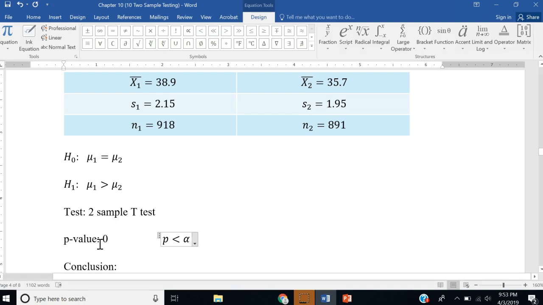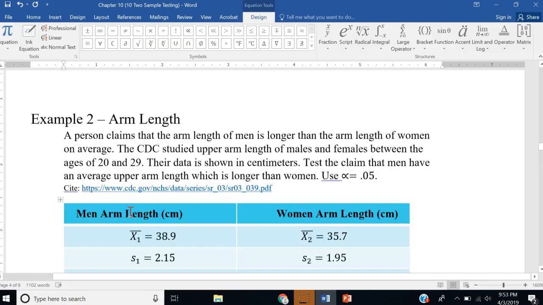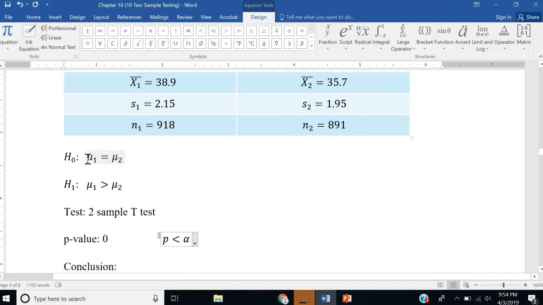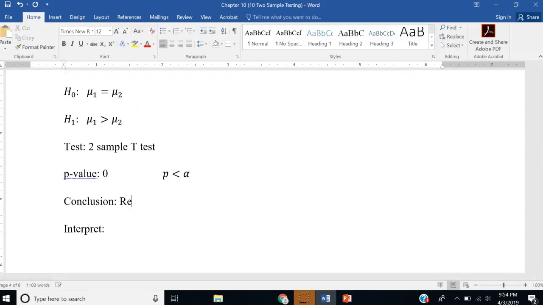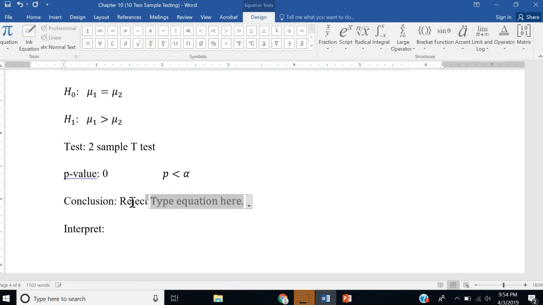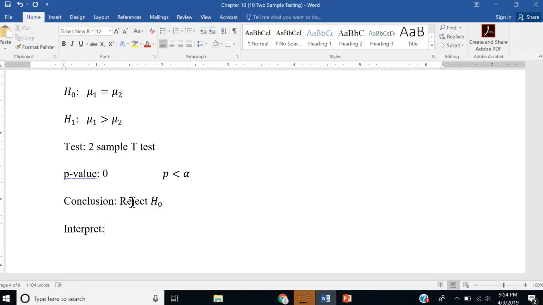So basically what they're saying is there's no chance that this null hypothesis can be true. P is less than alpha. We reject the null hypothesis. All right.